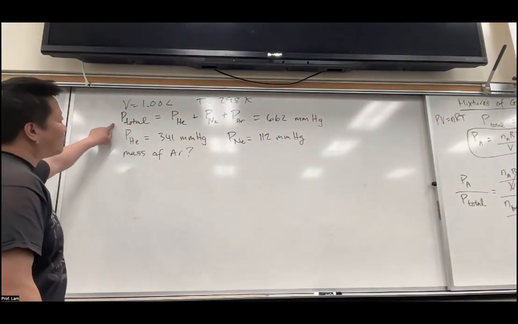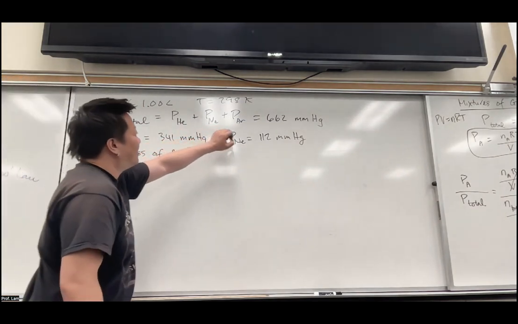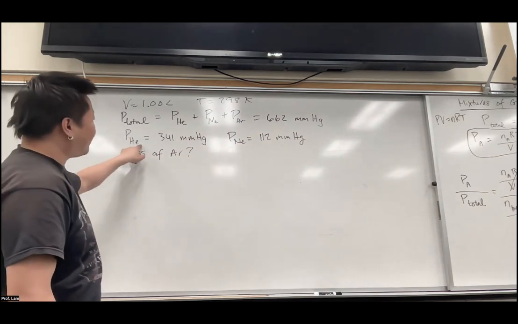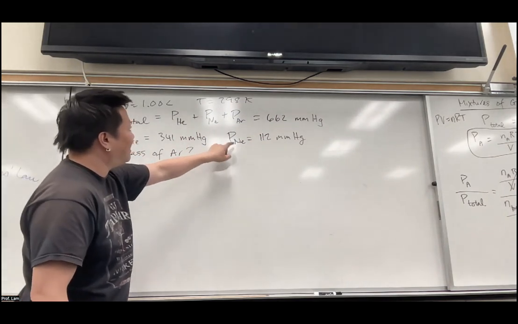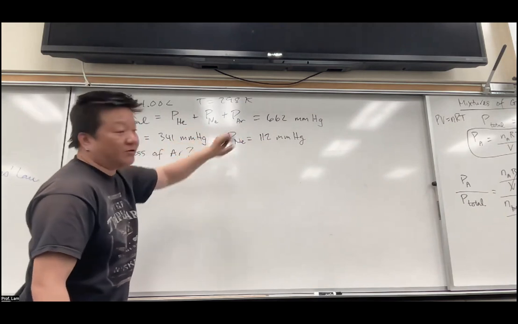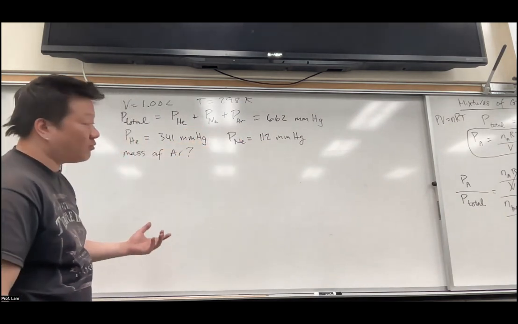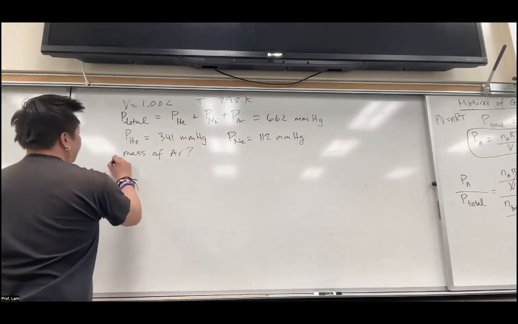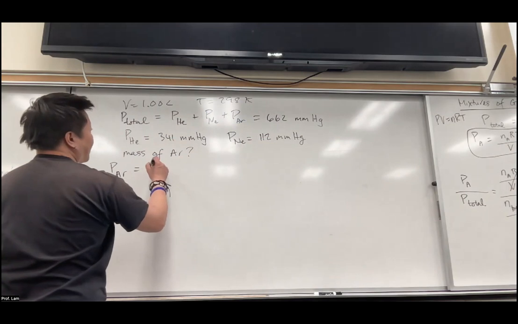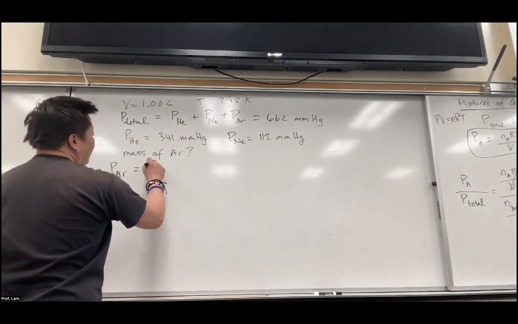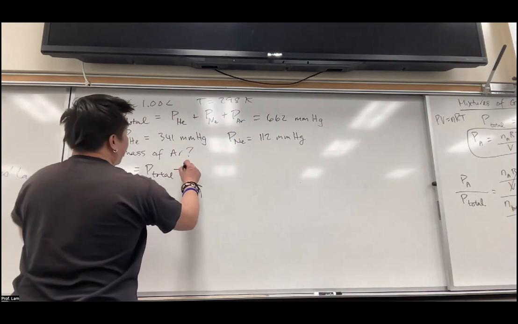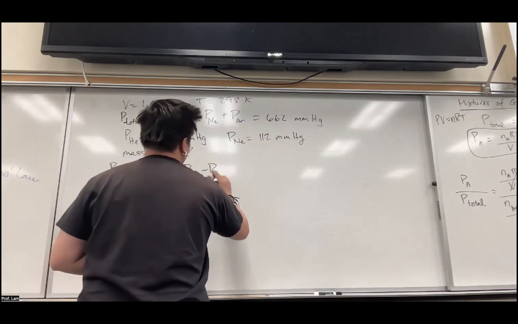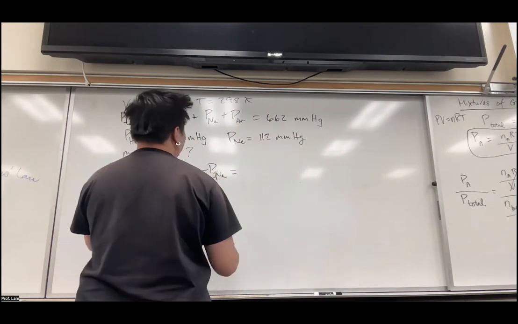Okay. P total, we have three gases in the mixture. P total is 662 millimeters mercury, and it gives us the partial pressure of helium and the partial pressure of neon. That's great because we do need to know the partial pressure of argon, and we can do that. So how do we get the partial pressure of argon from this equation? Partial pressure of argon is taking the total, subtracting out the partial pressure of helium and subtracting out the partial pressure of neon. So let's plug that in.